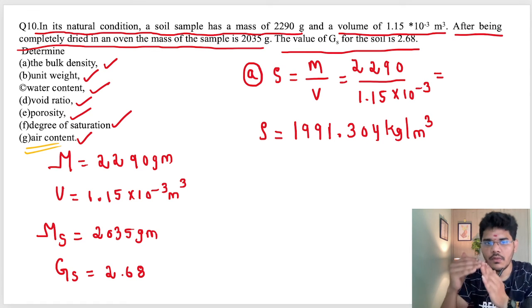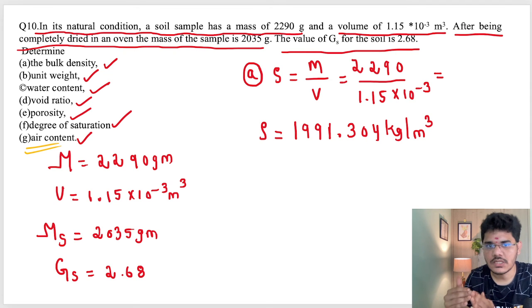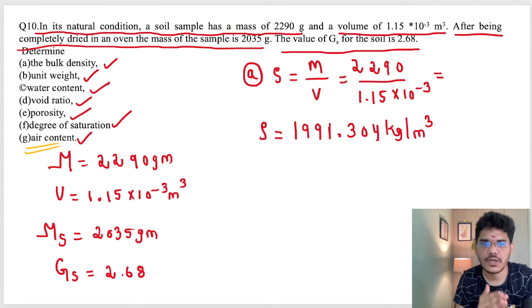From there we calculated porosity, since we know the relationship between void ratio and porosity. Fifth, we have calculated degree of saturation from E into S is equal to G into W. G we know, water content we know, E we have calculated, so degree of saturation also we have calculated. Air content, how have we calculated? Since we know the relationship between air content and degree of saturation, AC is equal to 1 minus S.